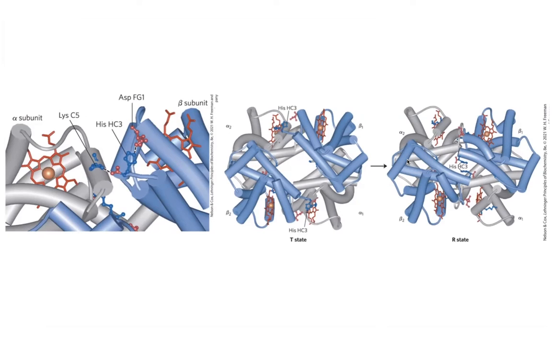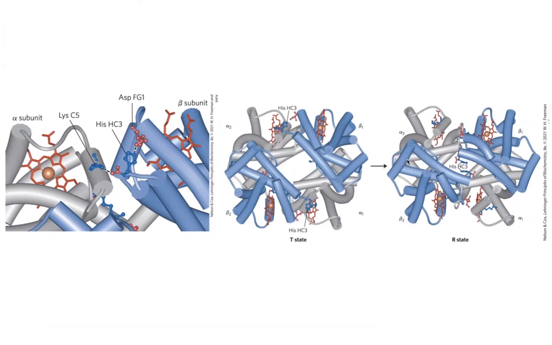So you get this T state, where it's stabilized in a conformation that has a low affinity for oxygen, or you're stabilized in an R state, which has a higher affinity for oxygen. So this helps us understand how if we have binding of oxygen at one site, it's going to shift the whole protein and stabilize it in that state that has a higher affinity for oxygen, that R state.